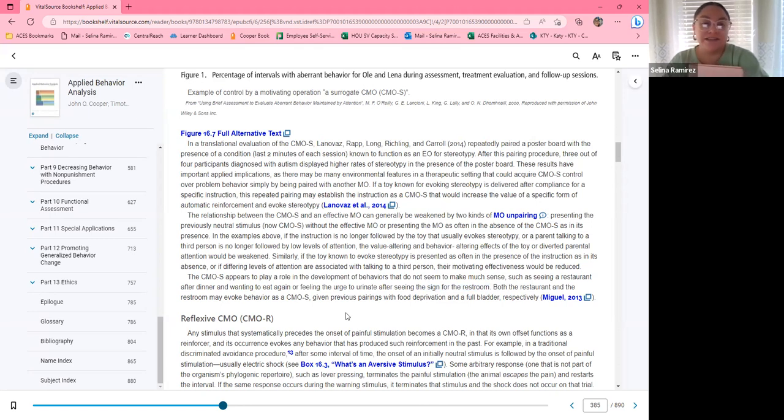Okay, what about my Starbucks example that I always use? So Selena's not a morning person, so let's say I'm deprived of energy. So that's my unconditioned motivating operation, right? So deprived of energy. So now value altering is coffee or Red Bull, it's going to increase its effectiveness.